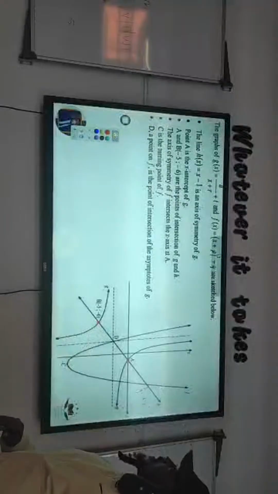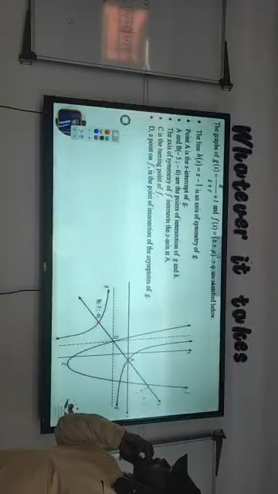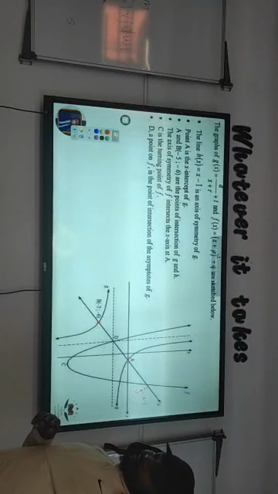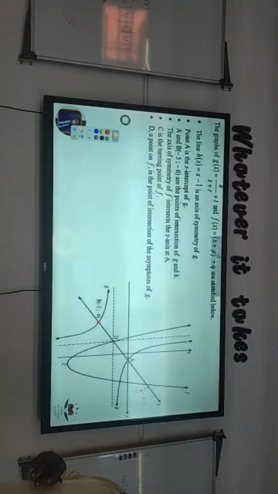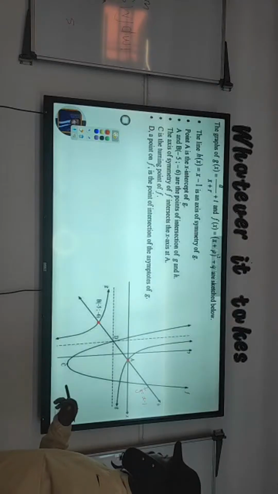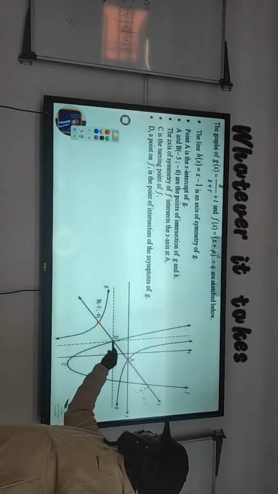Two points of intersection, and the axis of symmetry of F intersect at A. The axis of symmetry of F, here they are. This is a point of symmetry, this one.